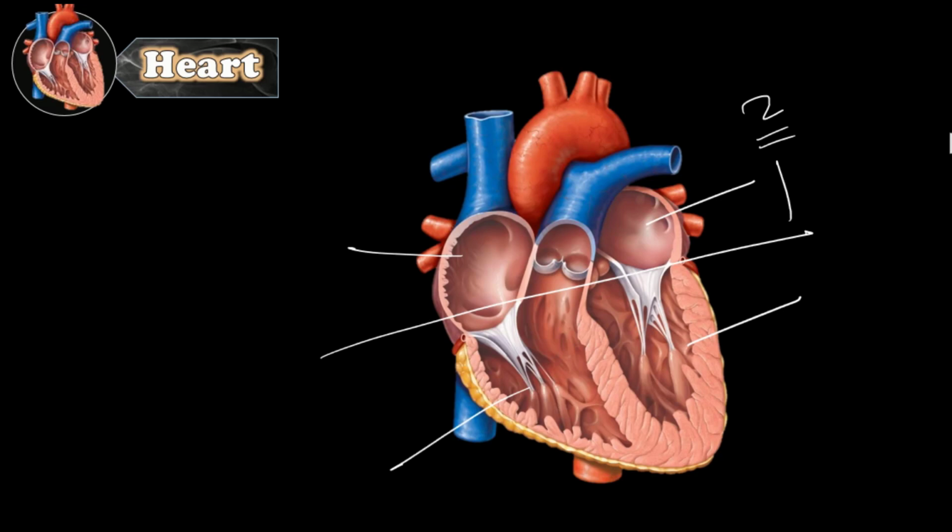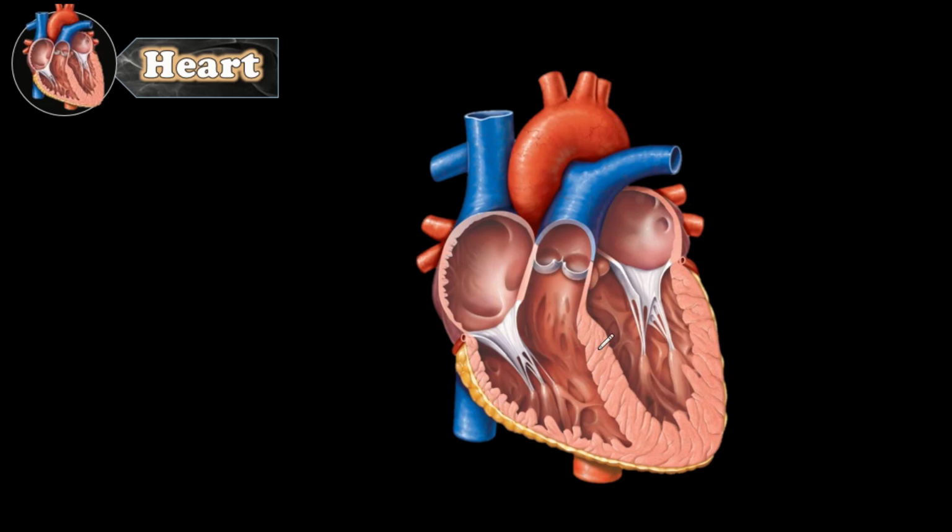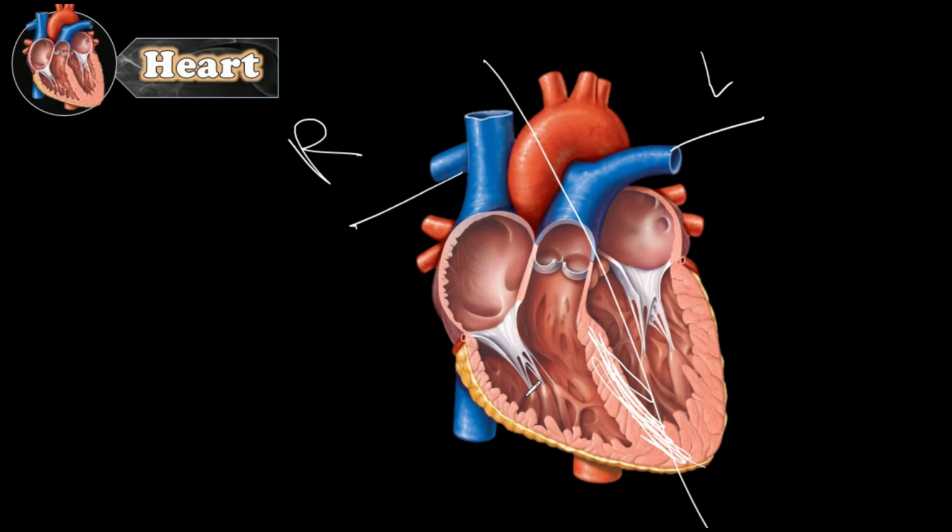So the heart has 4 chambers separated by a muscle called the septum. This muscle separates the right from the left. This is the left side of the heart and this is the right side of the heart. The heart has pulmonary arteries, it has the aorta, and it has veins and arteries.